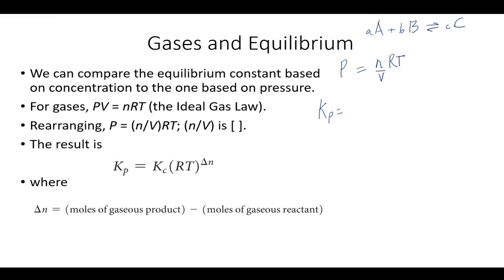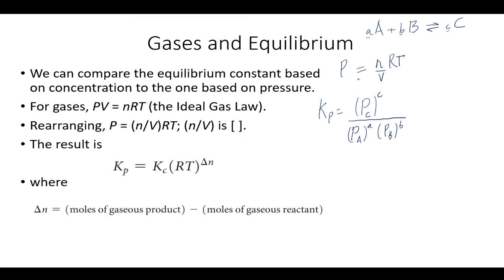If I wanted to write Kp here, I would write products over reactants, so it's the pressure of C raised to the power of C over the reactants, pressure of A raised to the power of A, times the pressure of B raised to the power of B.